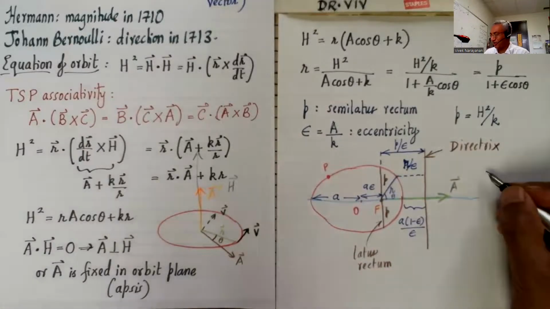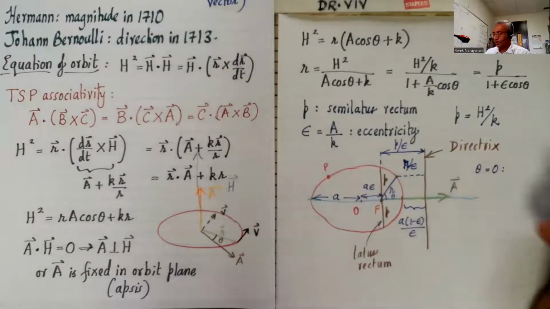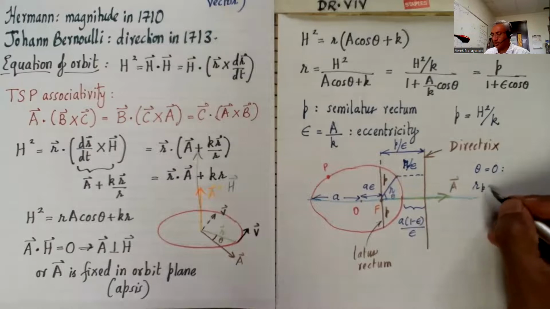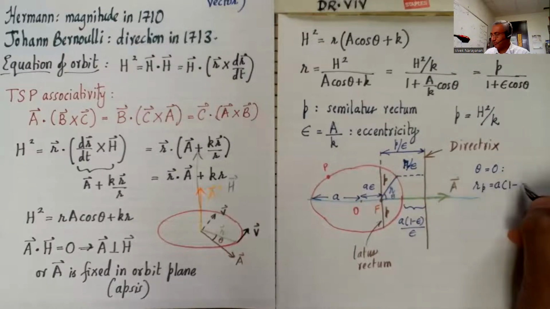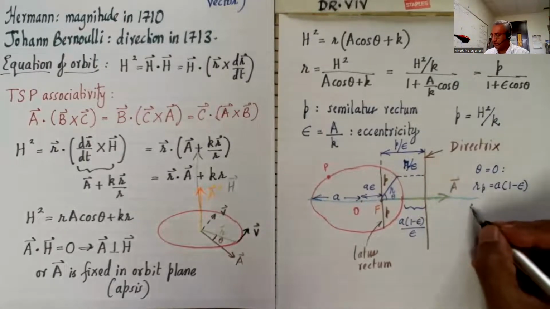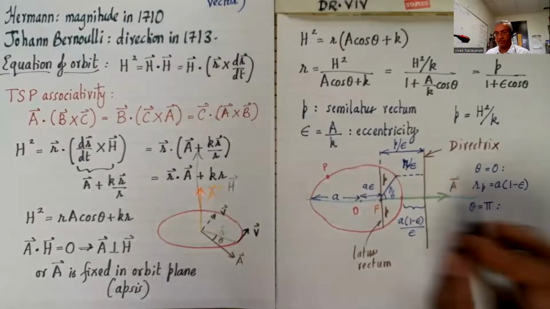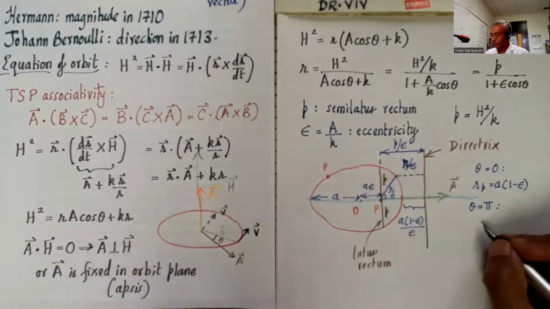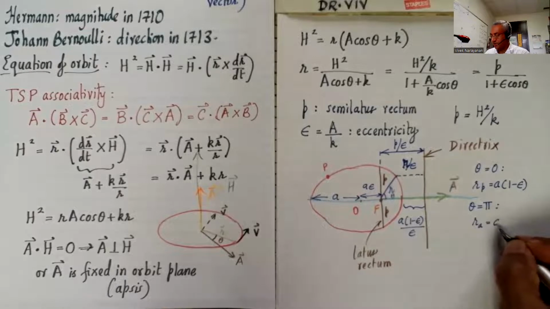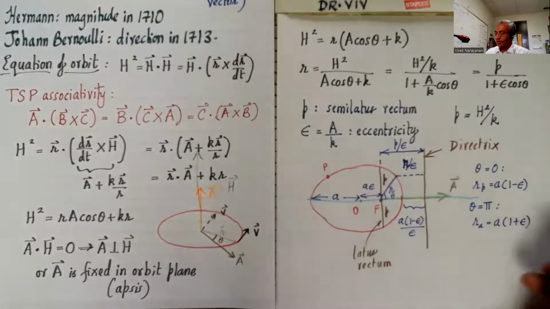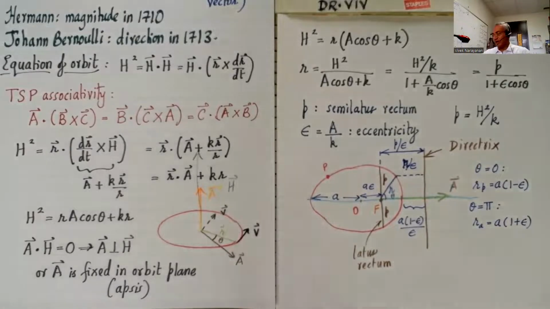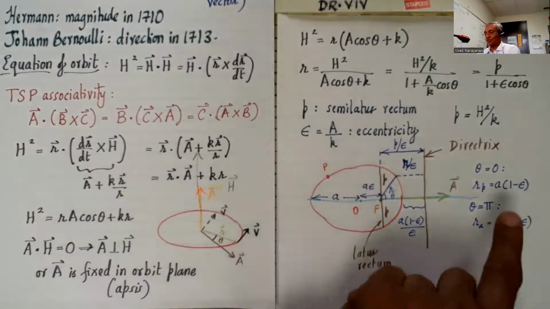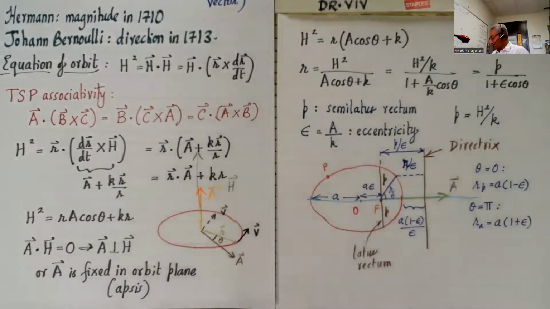It's a little beyond the scope of this lecture. So theta equals 0 gives you the perihelion distance, Rp, which we saw last time was A times 1 minus epsilon, and theta equals pi gives you the farthest distance, known as the aphelion distance, Ra, which is A times 1 plus epsilon. What we're going to see now is how these two distances come about. That's our next aim in this video.